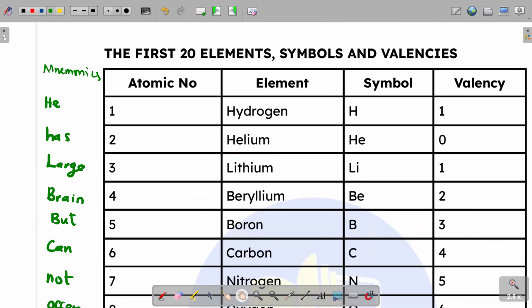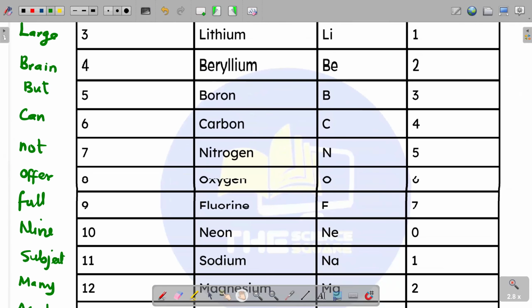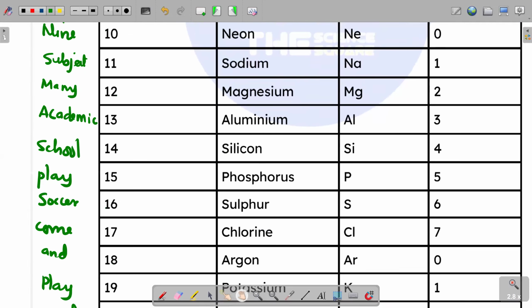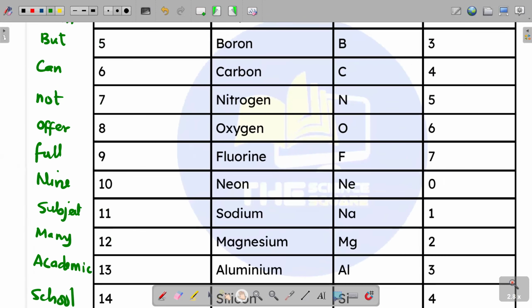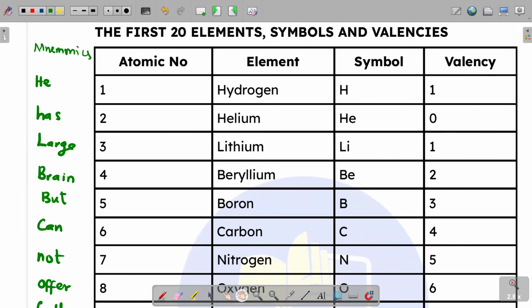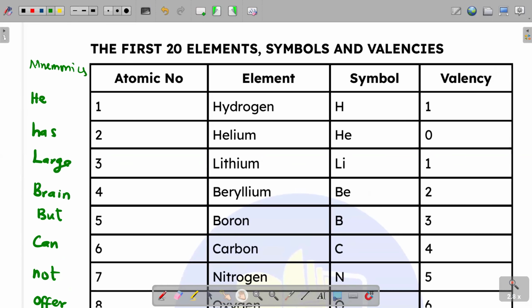Now, we have also discussed the symbols. You have to ensure that you always write the right symbol for your elements. We have discussed the atomic number, the element itself, and the symbols.